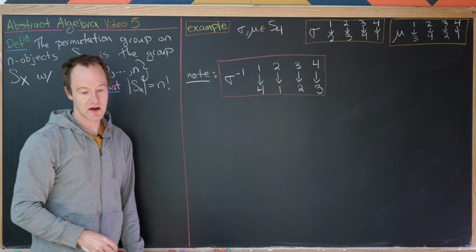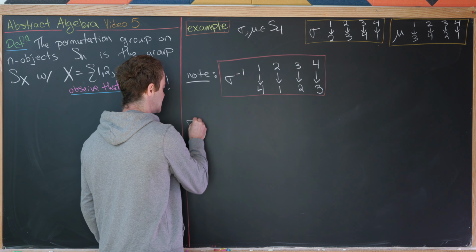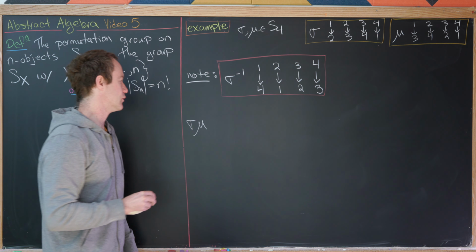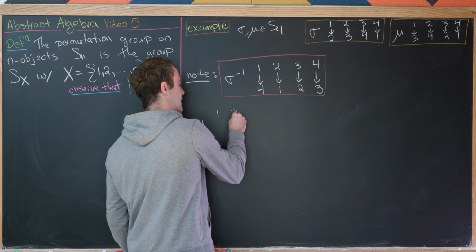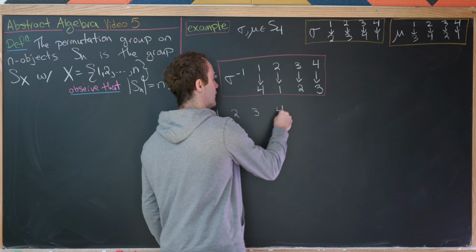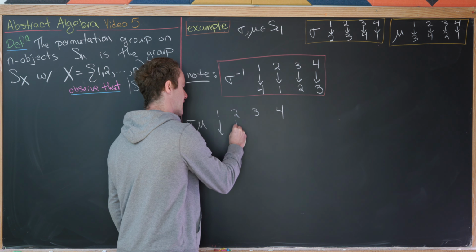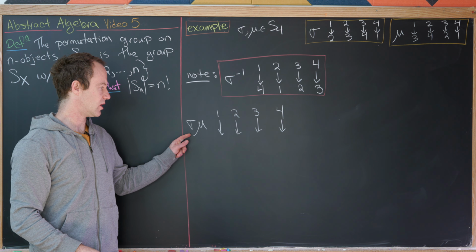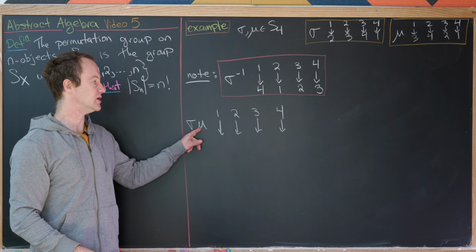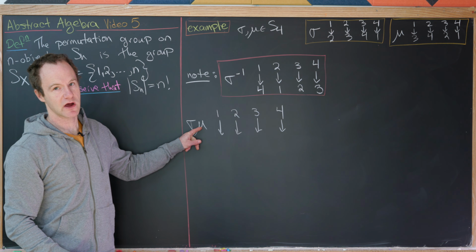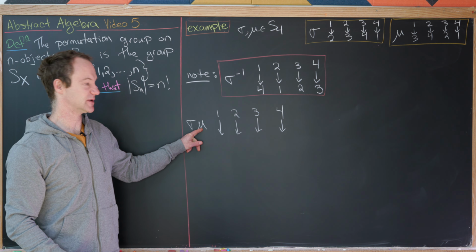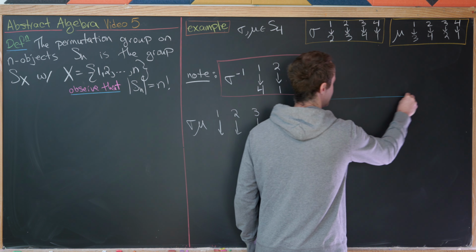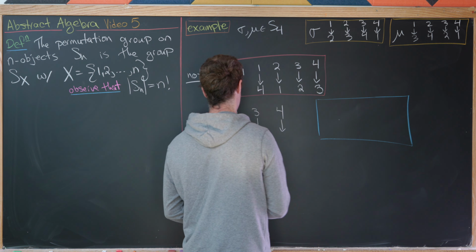Okay, so now let's next calculate sigma composed with mu. And we'll start again with 1, 2, 3, 4 here. And then let's start our arrows just to get ahead of the game. And so let's recall that we operate with mu first, because this is composition of functions. So let's do the calculation for some of these out over here.